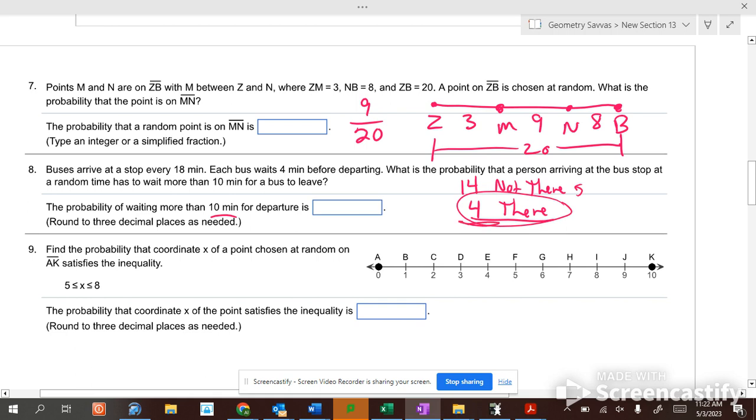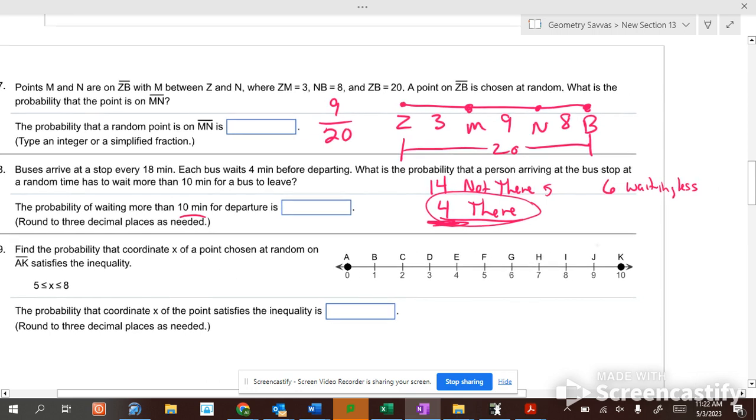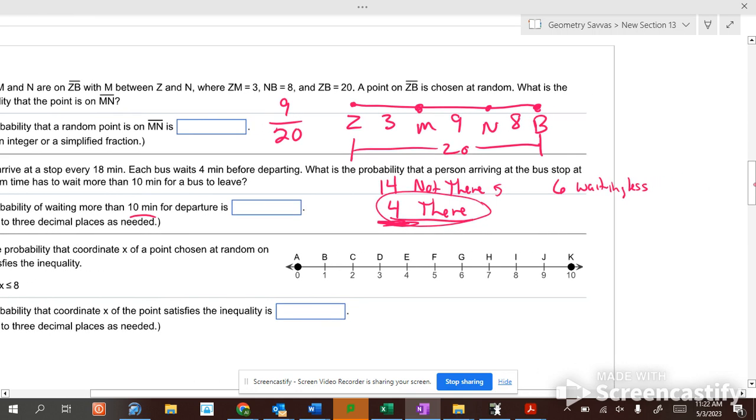If you use 4 of the 10 here, how many are left? 6 of the 10 that you're waiting less than 10. So for 6 minutes there, you're going to be waiting less than 10. And for 4 minutes here, you're waiting less than 10.